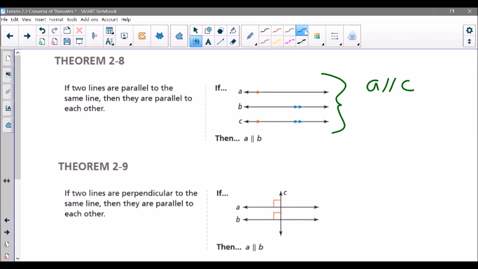The arrows on the picture also tell us that line B is parallel to line C. Theorem 2.8 seems kind of obvious, but it says if A is parallel to C and C is parallel to B, well then we get for free that A is parallel to B. So that's kind of an important idea, but we need to be careful about that. We definitely need to state that explicitly.